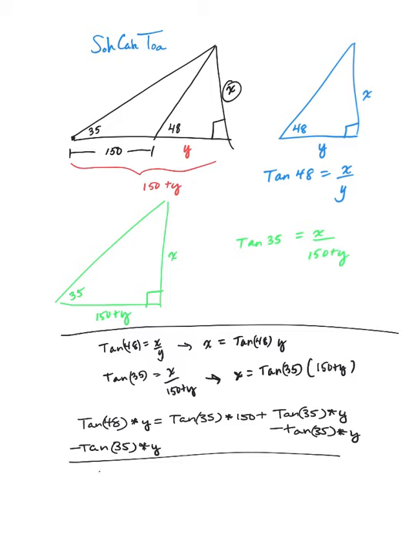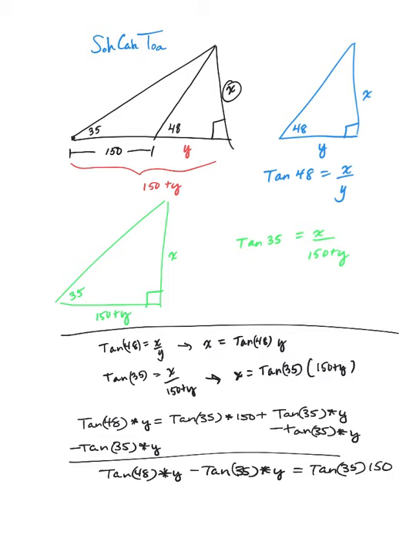So now I have tan of 48 times y minus tan of 35 times y, okay, equals tan of 35 times 150.